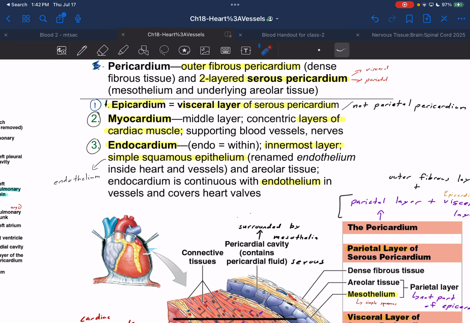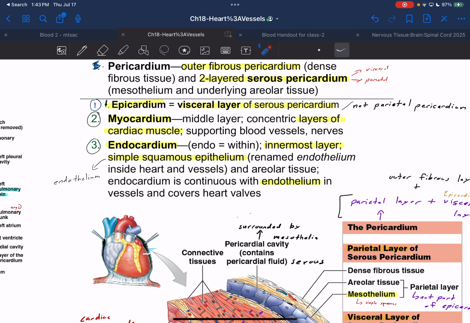The myocardium is going to be the muscle layers of cardiac muscle. Blood vessels and nerves will run through it. The endocardium will have simple squamous made of endothelia, which is just simple squamous, inside of blood vessels and the heart.